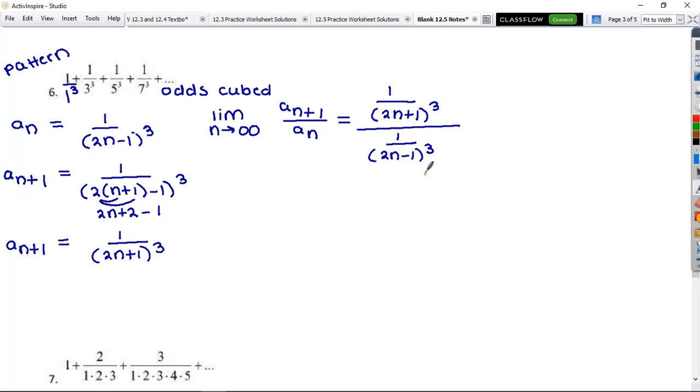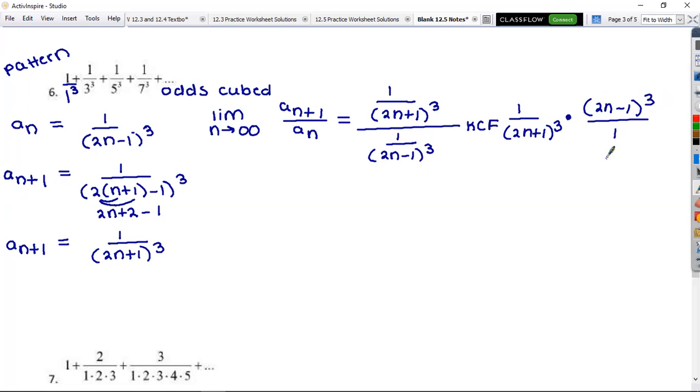And then next you're going to do keep, change, flip. So I'll write keep, change, flip here in case you want that. So we have 1 over 2n plus 1 cubed times, flip it, 2n minus 1 cubed over 1. Do you guys agree those don't cancel? Yeah, so unfortunately they don't.